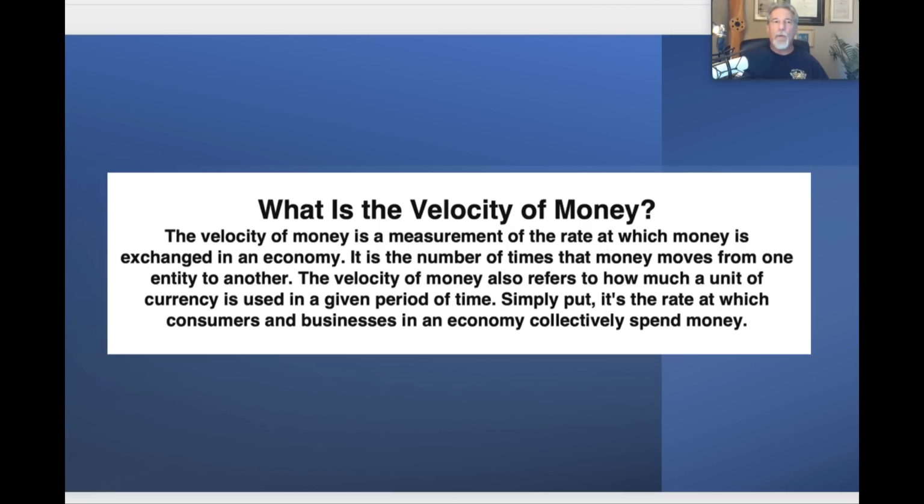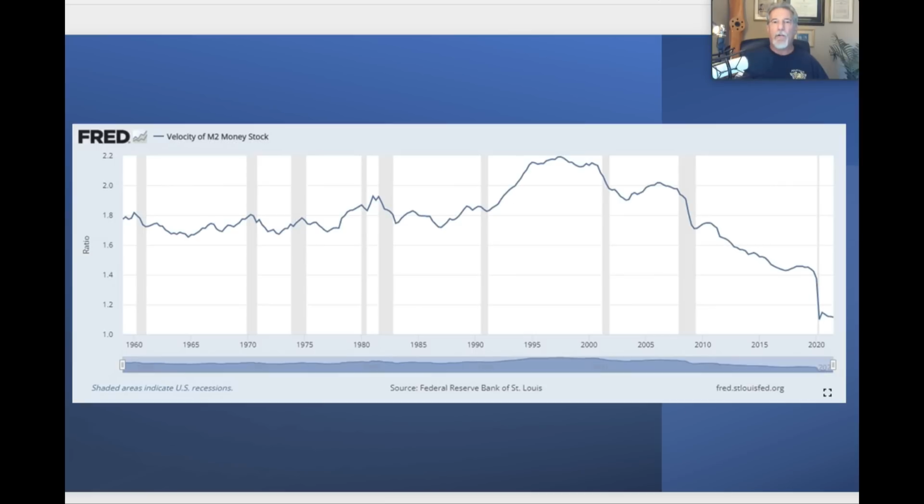The other thing that we want to pay very close attention to is the velocity of money. What is the velocity of money? Well, this is what it looks like on a chart. Let's say you have $1 right here, and you go out for the weekend and you give that dollar to the bartender as a tip because you're having a great Friday night or a Saturday night with your friends.